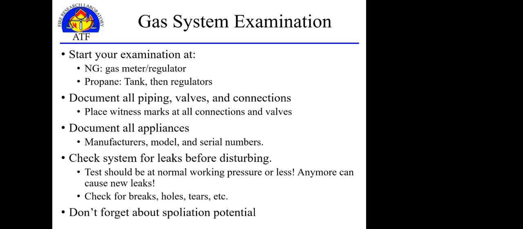Document all your appliances, obviously make, model, serial numbers. Ideally, you're going to check the system for leaks before you start to do much of anything. Don't cause any more leaks than there were to begin with. So don't overpressurize it. And if you do happen to find some obvious leaks, there are ways to basically isolate those and then test the remaining portions of the system.